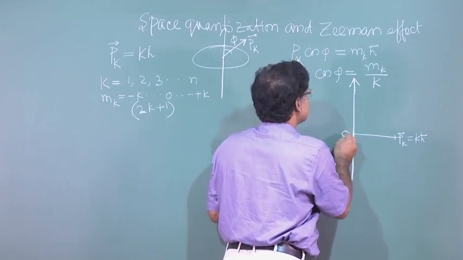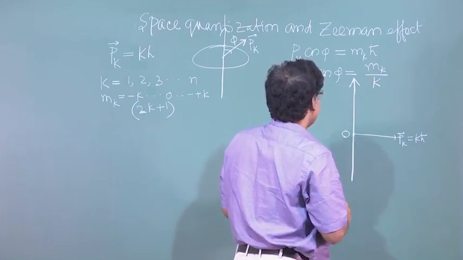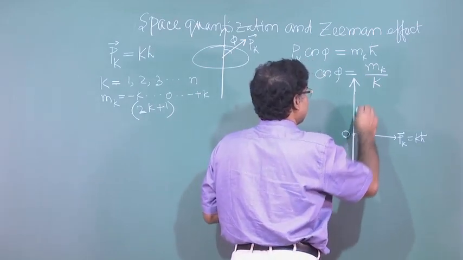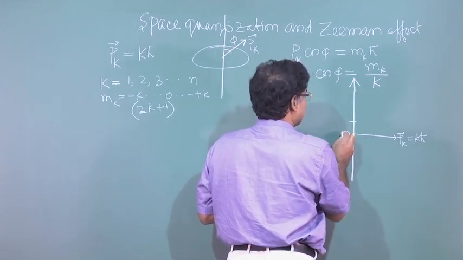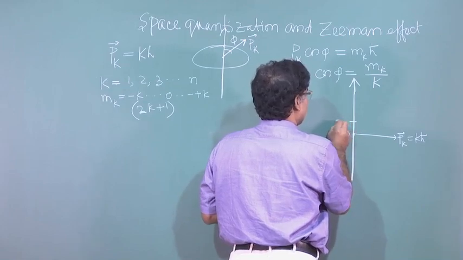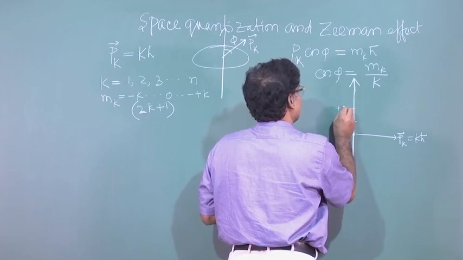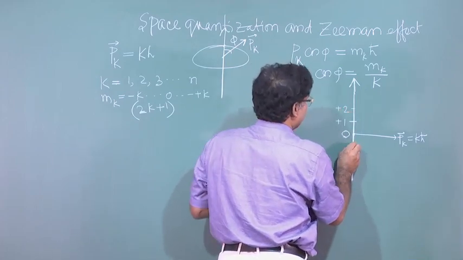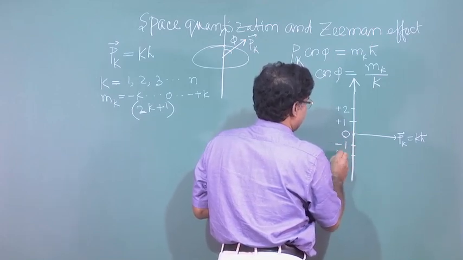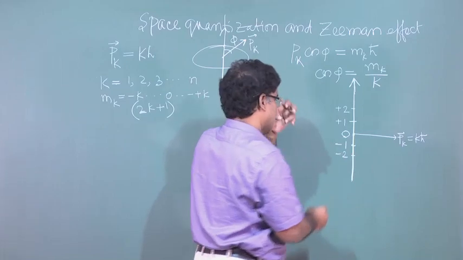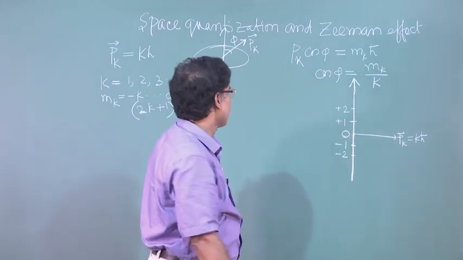So, the Mk value is 0, and the other allowed values are plus 1, plus 2, minus 1, and minus 2. So, for k equal to 2, these 5 values of Mk are allowed.